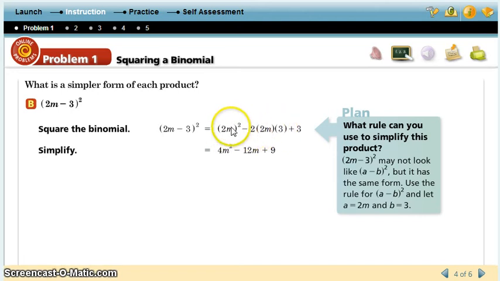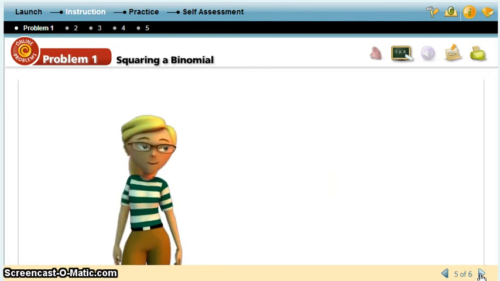So 2m squared would give me 4m squared. Then 2 times 2 times 3 gives us 12m. And then again, remember there's supposed to be an exponent here of 2. 3 squared is 9. And notice that there is a subtraction sign there in the middle, and that's the rule when squaring a binomial.